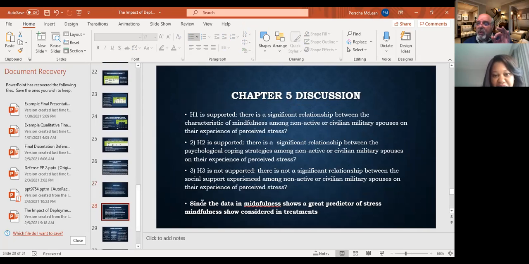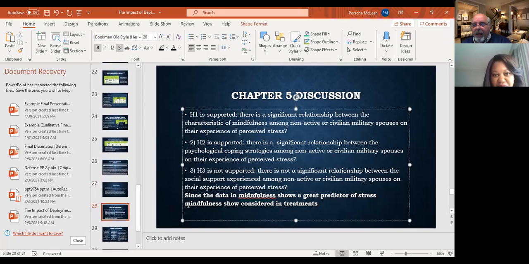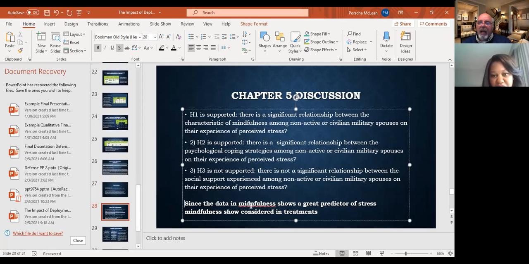Try not to read off of these things too much. You could just say, hypothesis 1 was supported, which was mindfulness. Mindfulness is a good predictor of stress. 2 was supported. Coping strategies is also a good predictor of stress. And in social support, it was not.